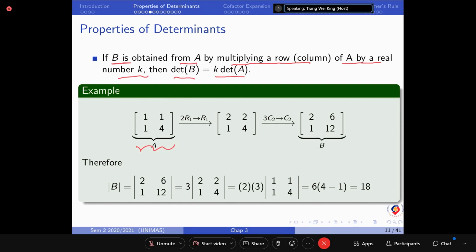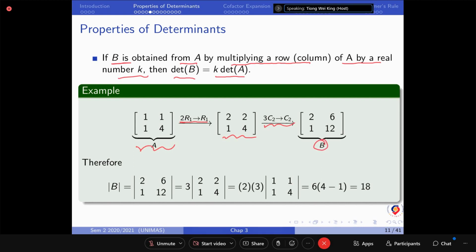If you perform the row operation where you multiply row 1 by 2, you have a new matrix, and after that you multiply column 2 by 3, you have a new matrix B.